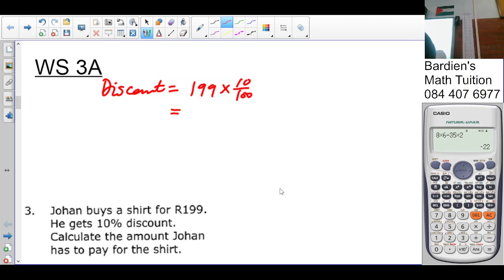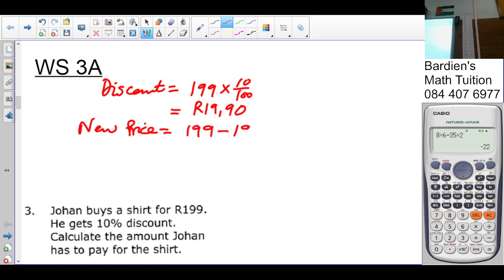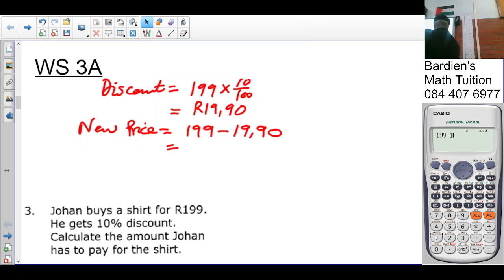Which gives us an answer of 19 Rand 90. So the new price after discount would be 199 Rand minus 19,90, which gives us 179 Rand and 10 cents.